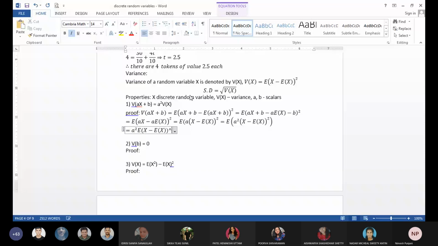So I can write a square into expected value of x minus E of x the whole square. Whatever term is there is nothing but my V of x. So I get a square into V of x. Is this okay? Yes, sir. Fine, so the first property is proved: variance of ax plus b is a square times variance of x.